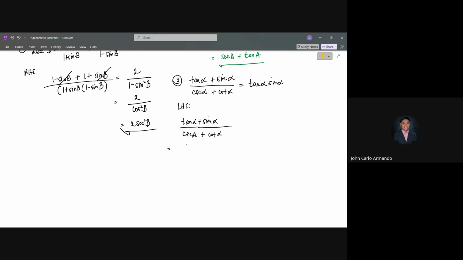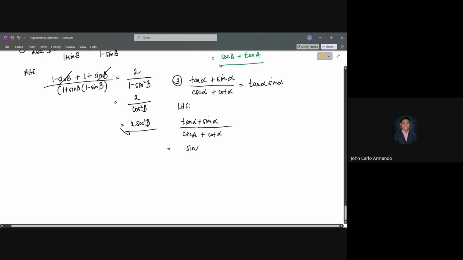The tangent alpha is simply sine alpha over cosine alpha plus sine alpha. For cosecant alpha, we use the reciprocal, that's 1 over sine alpha. And for cotangent, that is cosine alpha over sine alpha.